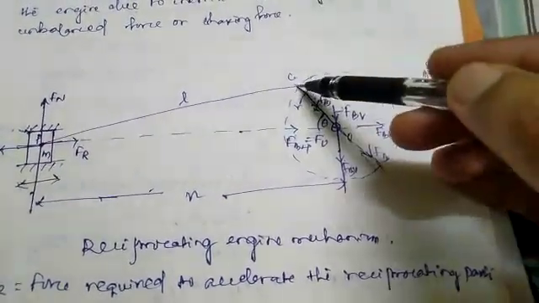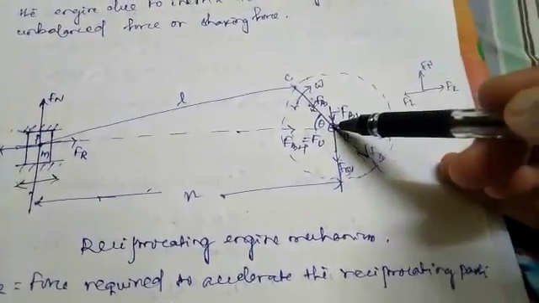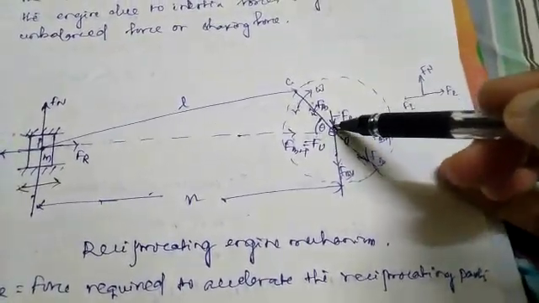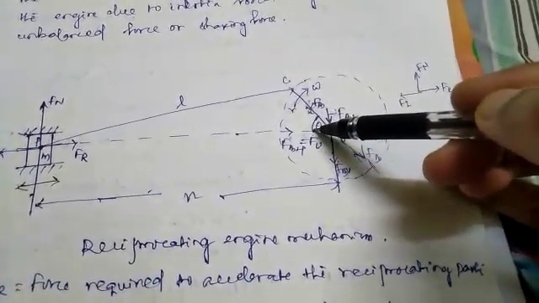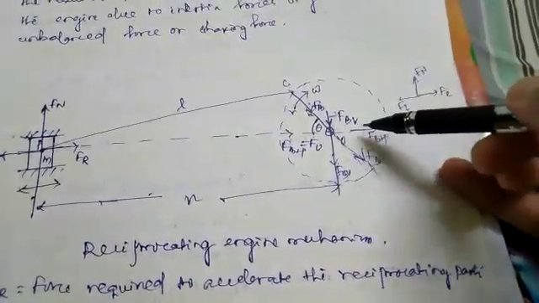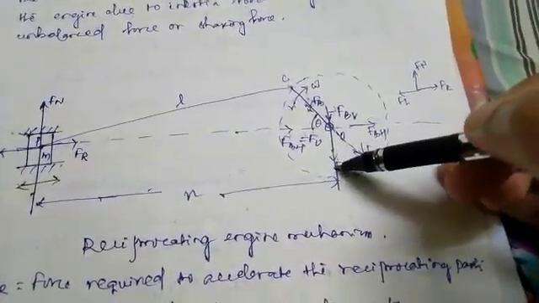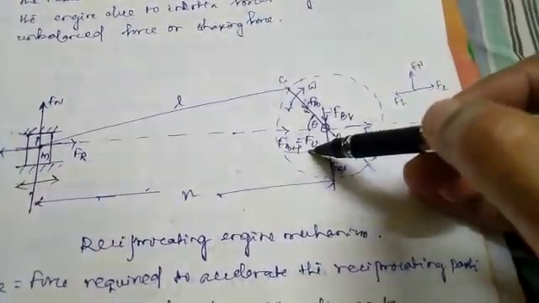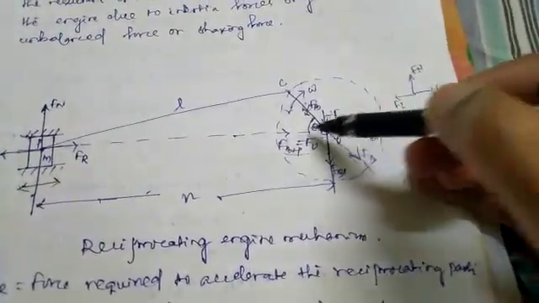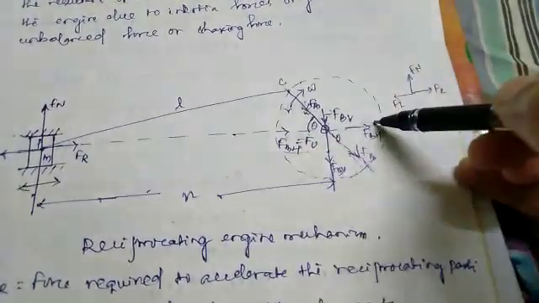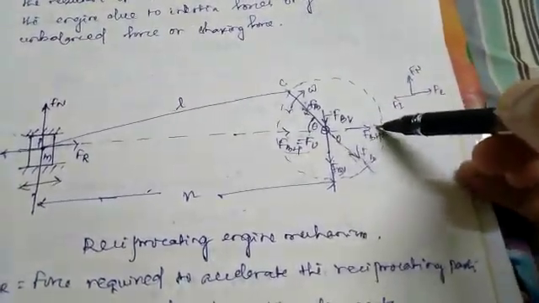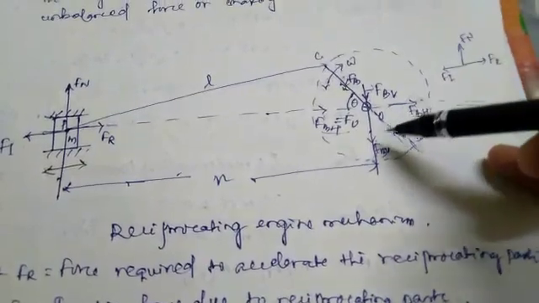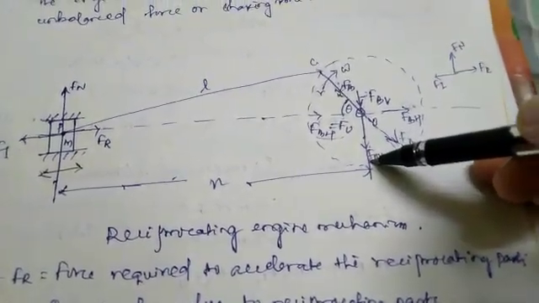The Fb will act on the crankshaft bearing. Now we can resolve Fb, which is making an angle theta, in the horizontal direction as well as in the vertical direction. That will be your Fbh, this is the horizontal component, and this is the vertical component of Fb.